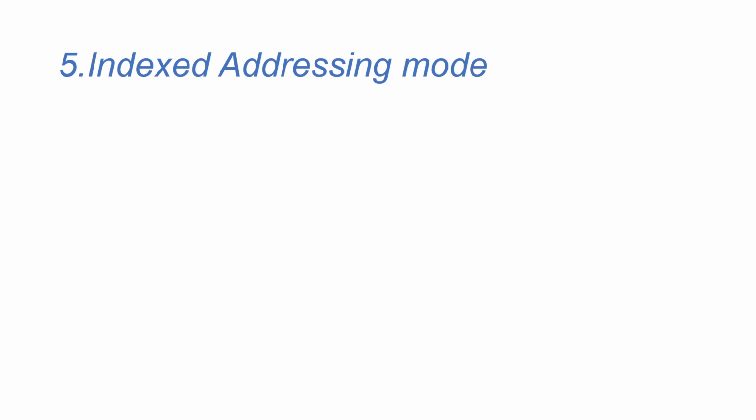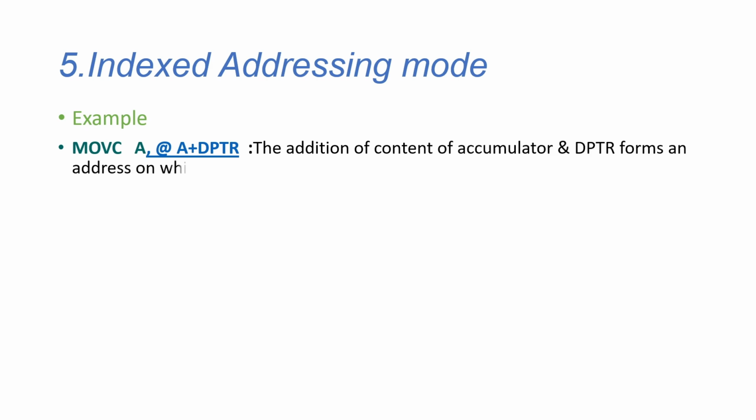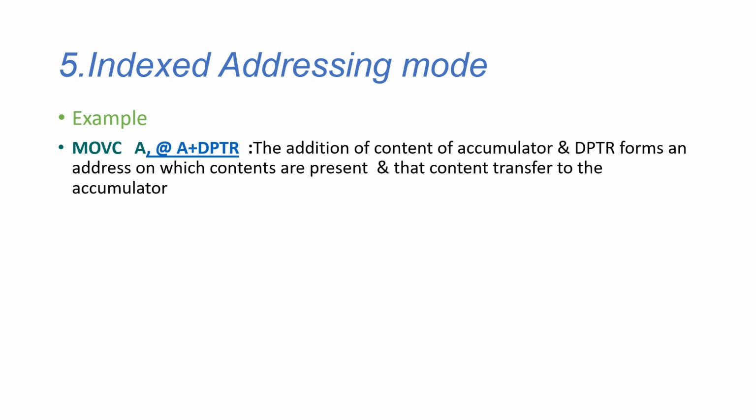Let's see the operation with an example. MOVC A, @A+DPTR means the addition of the content of the accumulator and DPTR forms an address on which the contents are present, and those contents are transferred to the accumulator. See, the content of the accumulator is 10H and the DPTR contents are 1600H.